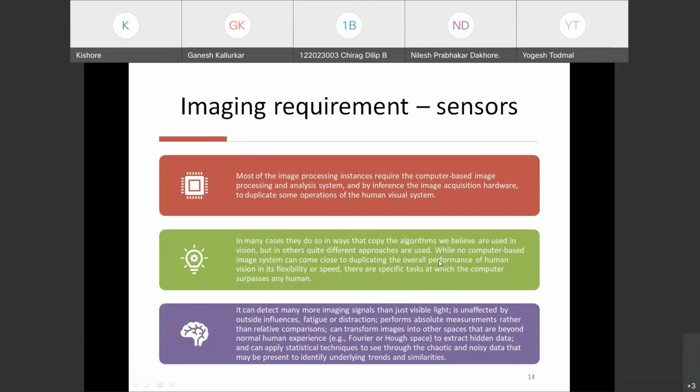While no computer-based image system can come close to duplicating the overall performance of human vision in its flexibility or speed, there are specific tasks at which computers surpass any human. So most often priority is given to designing a system in such a way that we may acquire images similar to how a human interprets an image.